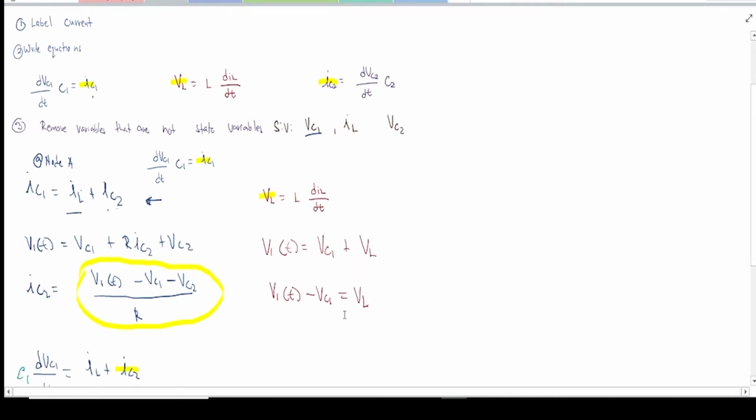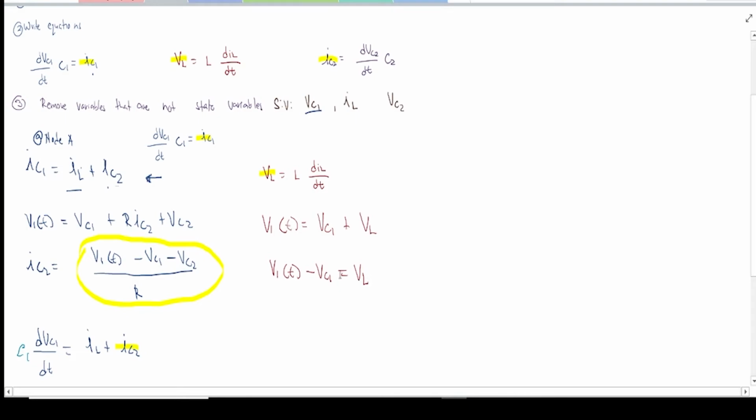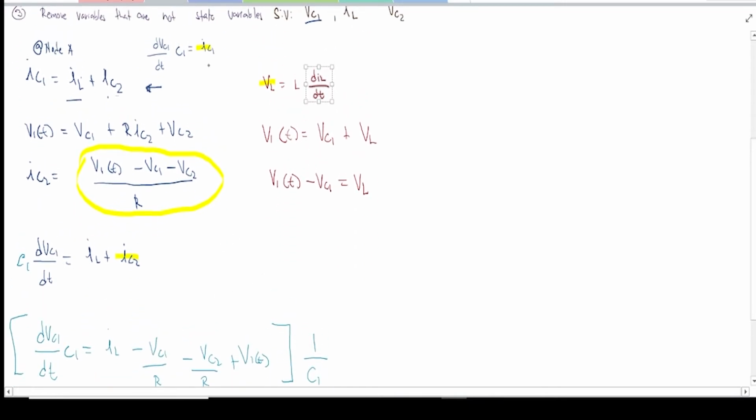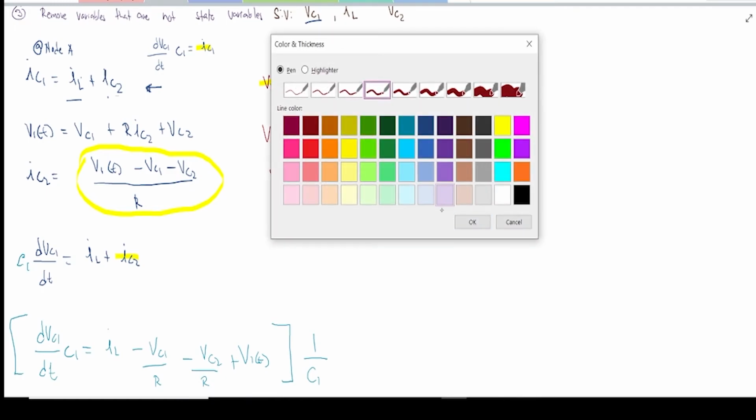Okay, so now what we're going to do is just insert this one into this one and then divide this by 1 over L so that the other side of the equation will be just this one, the one that I have back. See? Same process that we did here. I'm just going to do it much faster.